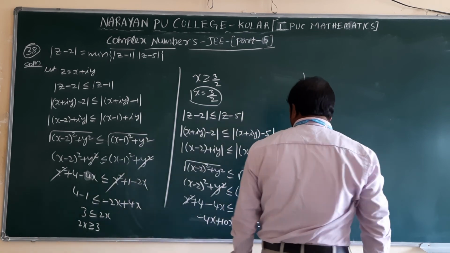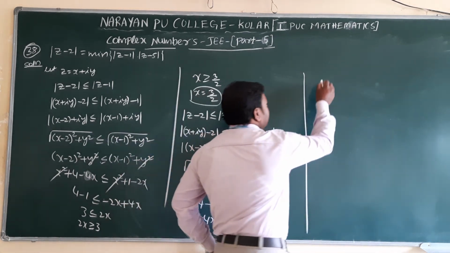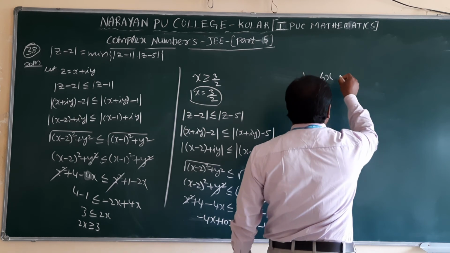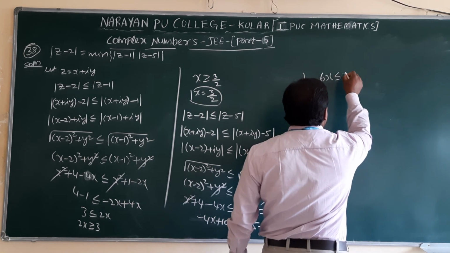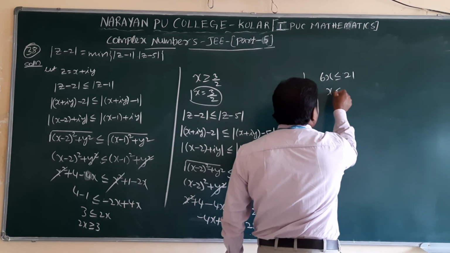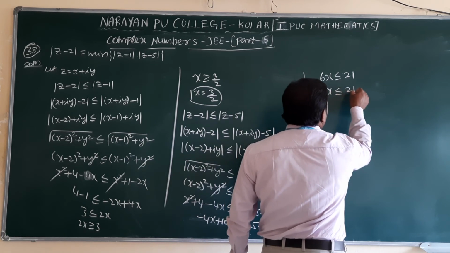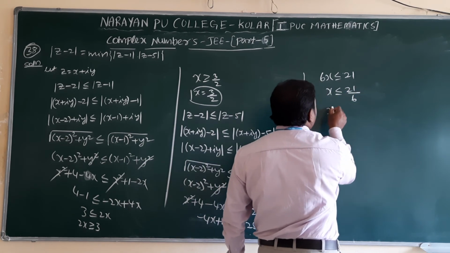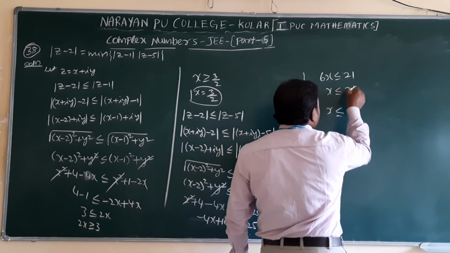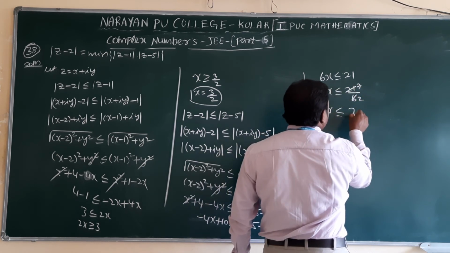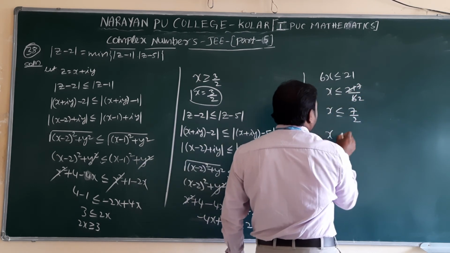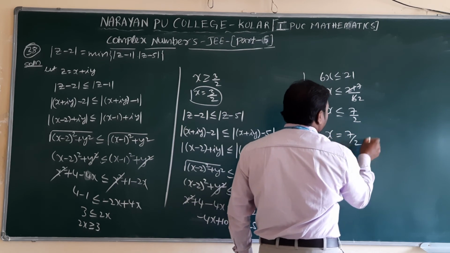So minus 4x plus 10x, 6x is less than or equal to 25 minus 4, 21. x is less than or equal to 21 divided by 6, x is less than or equal to 7 by 2, but x is equal to 7 by 2.